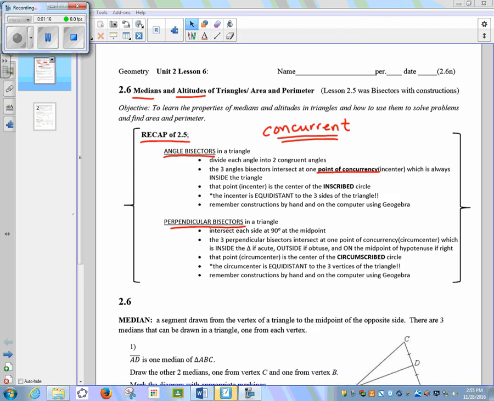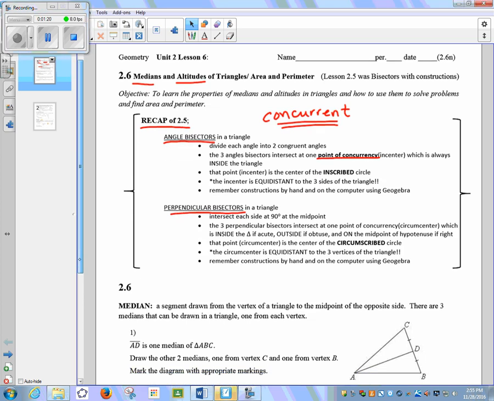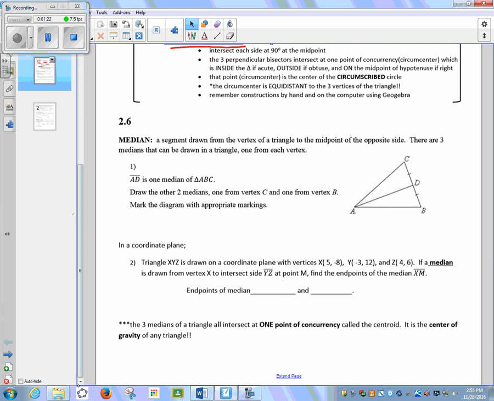So these four things do link together, but I'm going to skip down to our new vocabulary for this video. The first thing is a median. A median, by definition, is the segment drawn from the vertex of a triangle to the midpoint of the opposite side. So in this diagram, we're at vertex A. The vertices are the three points on the corners of the triangle, right?